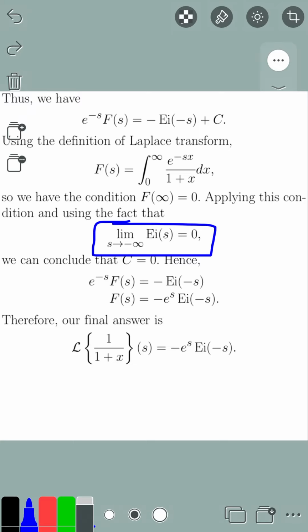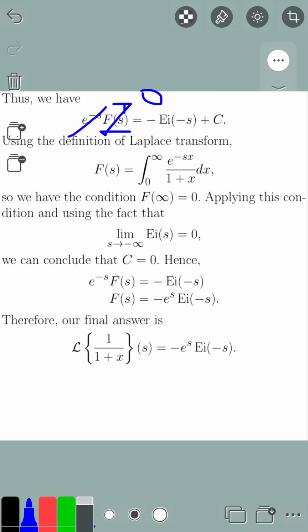Alright, so applying the condition and that limit of the exponential integral, the limit as s approaches infinity of f of s is 0. The limit as s approaches infinity of e to the negative s is also 0.